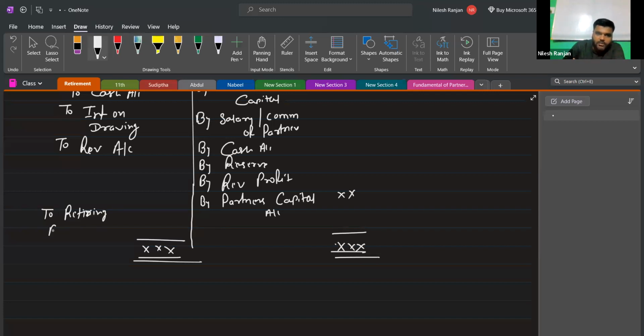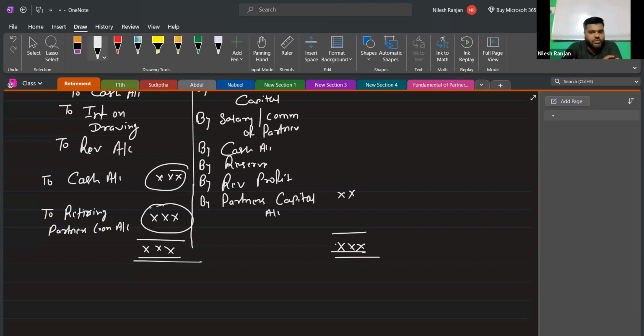Retiring partner's loan account. If the amount is paid at the same time, then it will go to cash. And if it is not paid, it is carried forward as loan, then you will transfer the balance amount to the partner's loan account. And in case of death of a partner, this amount will be transferred to the executor's loan account, or executor account, you can say.